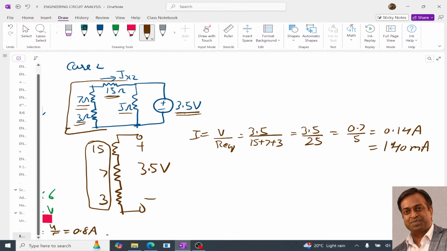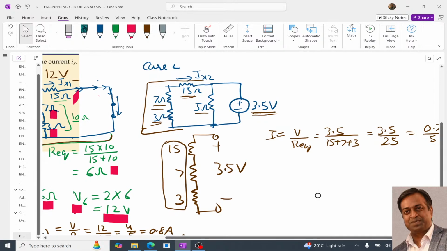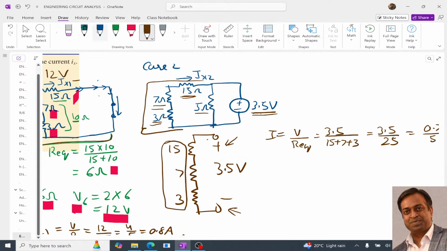Now this is just the magnitude, we also need to check the direction. Over here the plus sign is at this point, minus is over here, so the direction of the current in this will be like this, right? The current flowing through this 3.5 is in the opposite direction to ix2.